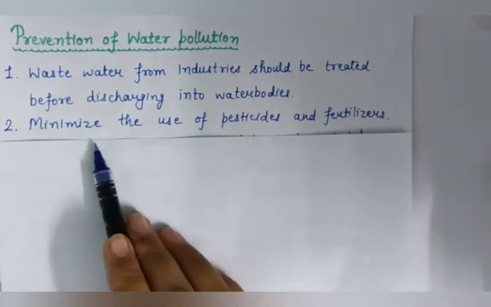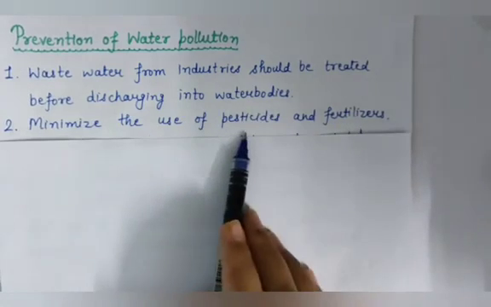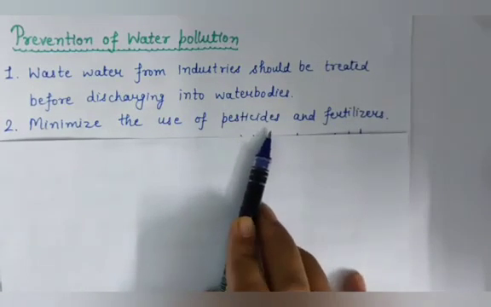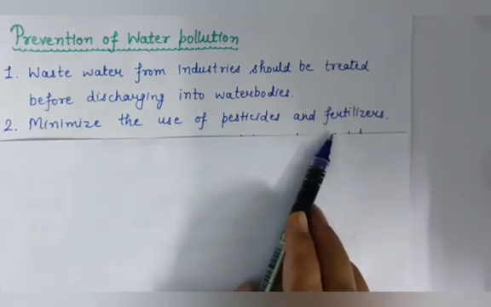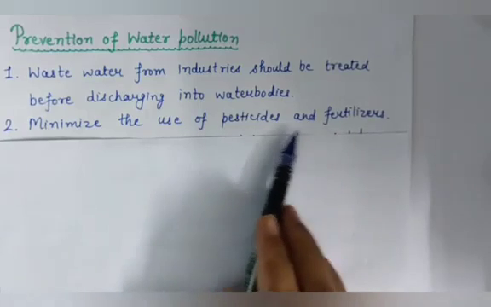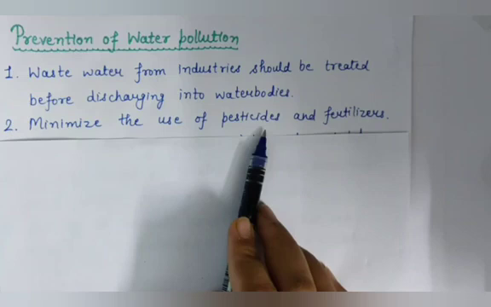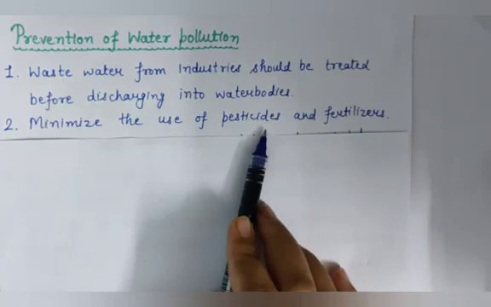Second is minimize the use of pesticides and fertilizers. Means the use of fertilizers and pesticides should be minimized in the field. Also, eco-friendly fertilizer should be used, because eco-friendly fertilizers do not cause water pollution.